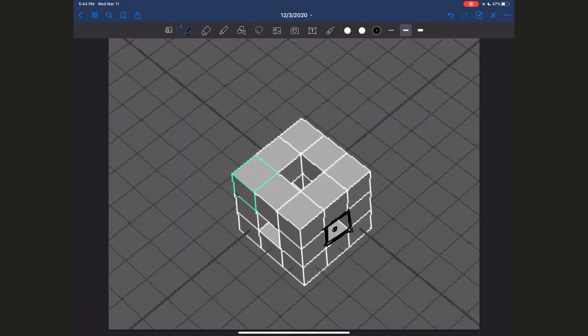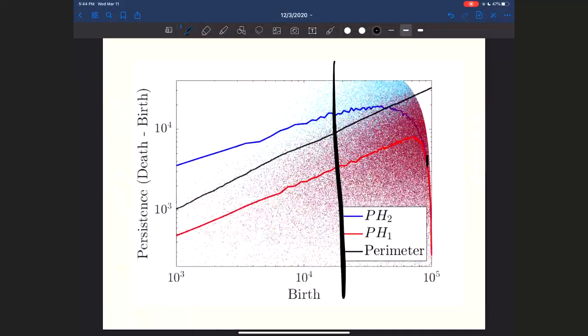So there is more chance of covering a hole, and the probability of placing a tile in a particular spot is 1 over the perimeter present at that time. So that's the intuition behind why pH1, the death minus birth, behaves differently than pH2.